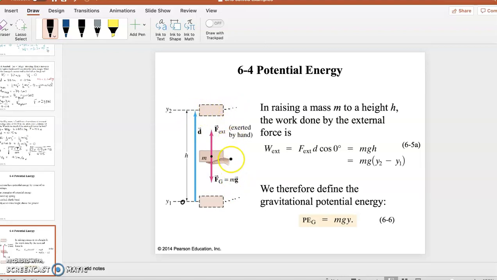So the change in the potential energy, delta PE, is equal to the work done to move the object from here to there. Alright, so F external d cosine theta is equal to the change in the potential energy.